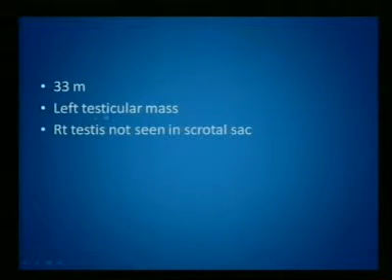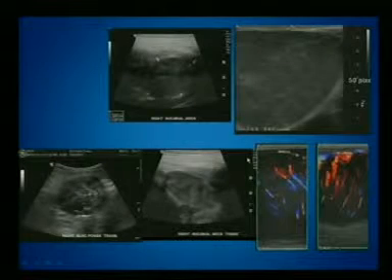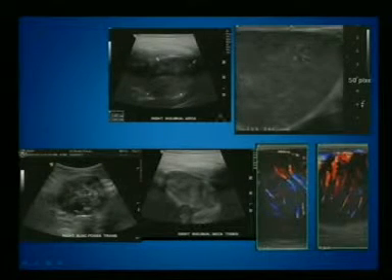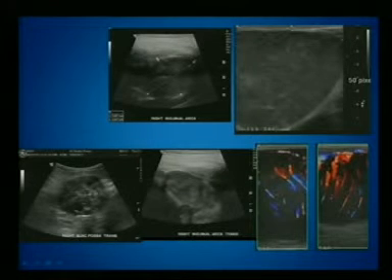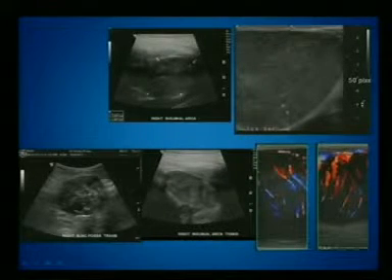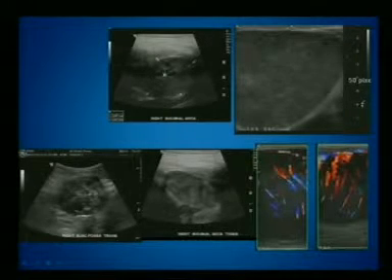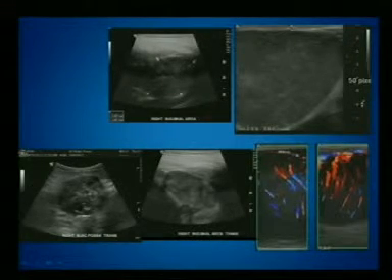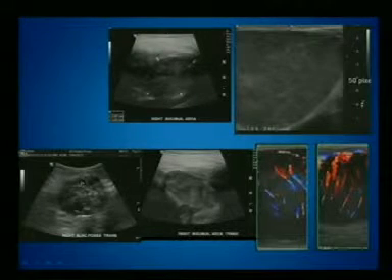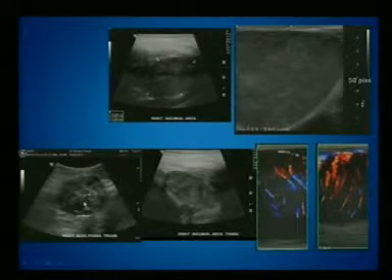This patient, 33 years old, has a testicular mass on the left side, and the right testis is not seen in the scrotal sac. We did an ultrasound of this patient. There is a mass involving the whole of the left testis with increased flow, there is an inguinal lymph node on the right side, and there is a large mass in the right mid-lower abdomen with calcification.